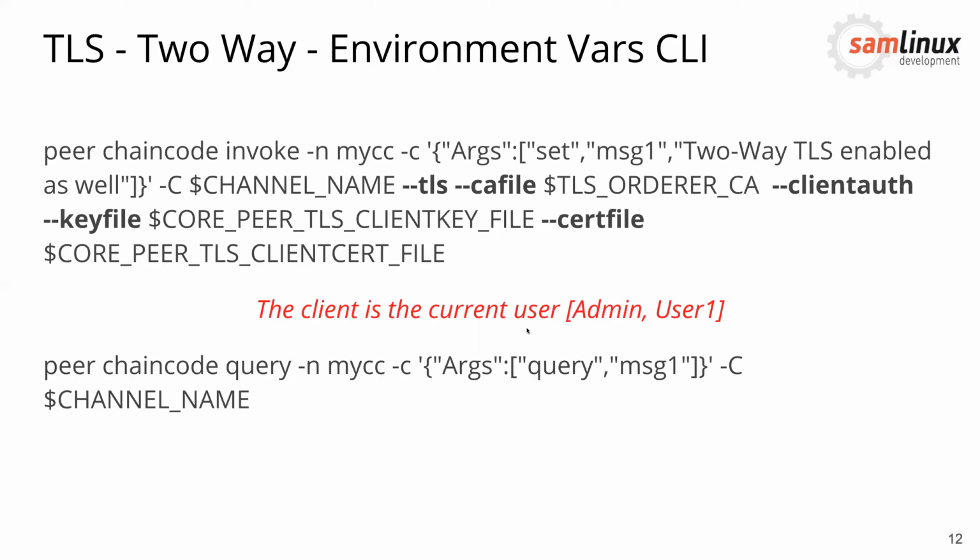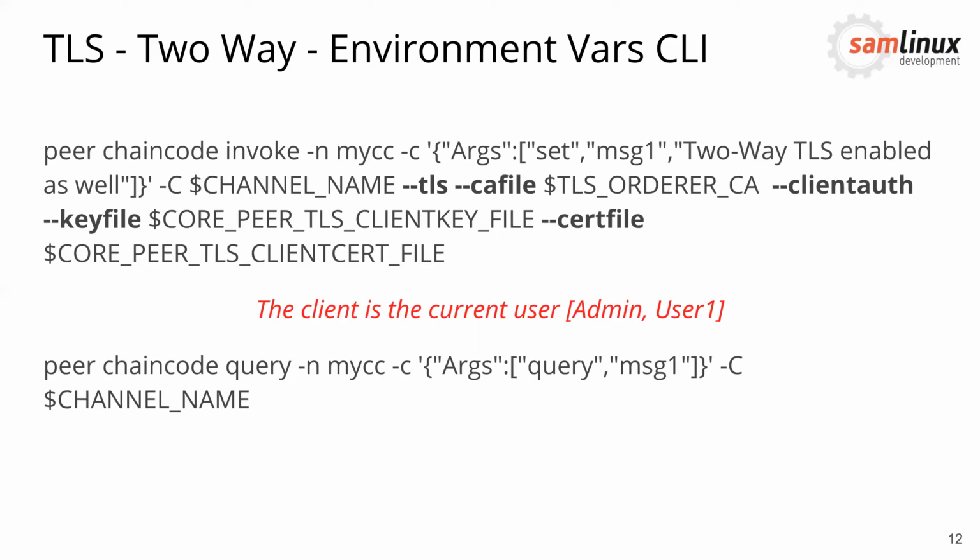So the client is the current user, the client admin user 1. That means that when cryptogen generates all the crypto material, we also have by default one admin user generated. We need this admin user to join the channel and so on, to install the chaincode. And also a normal user from the type client is generated.